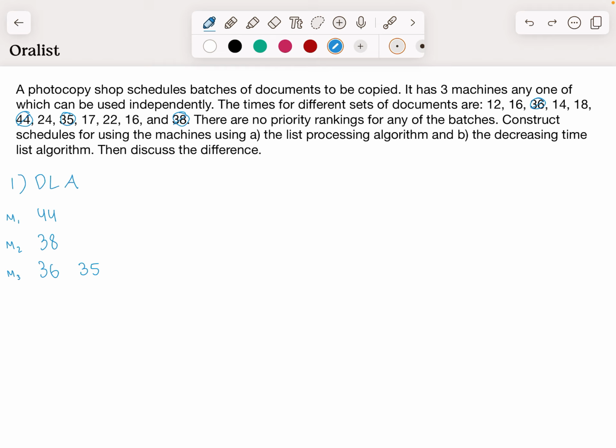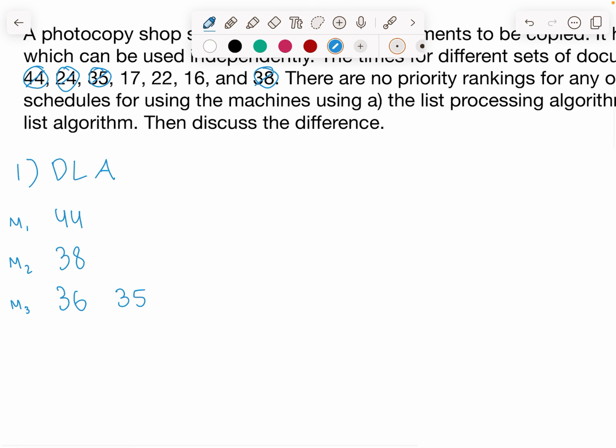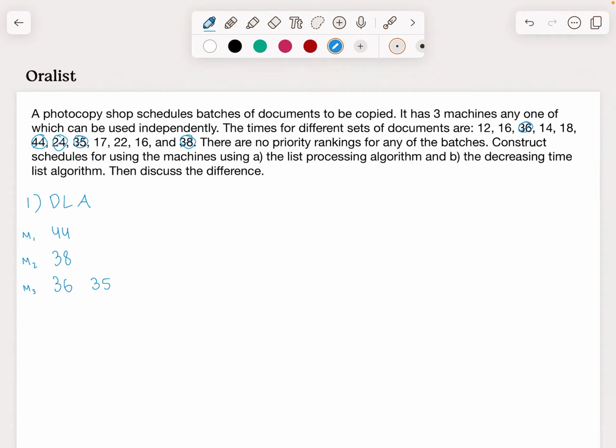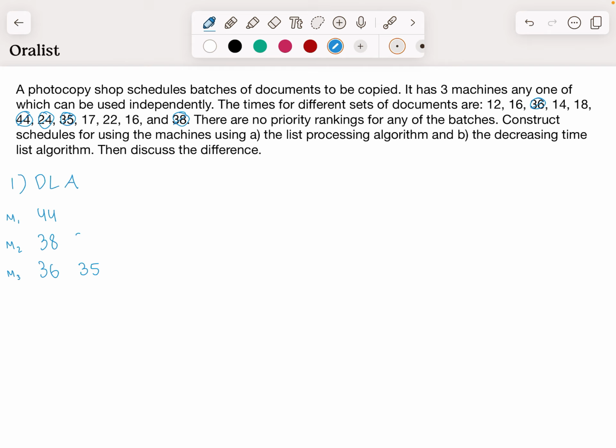After we have 35 out of the way, the next biggest one is going to be 24. Now let's see which one has the lowest value, 44, 38, or 36 plus 35. Well, 38 has the next lowest value, so we would write 24 minutes here.